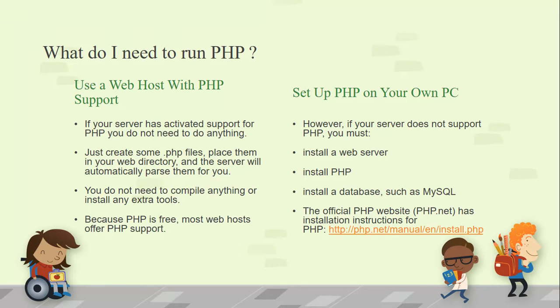You can install a database such as MySQL, which is again free to use and has all the functionality of an SQL server. And you can find all these applications on the official PHP website, which is php.net. You can also find the manuals for the instructions and the installation. However, we will be guiding you through it in our next video.